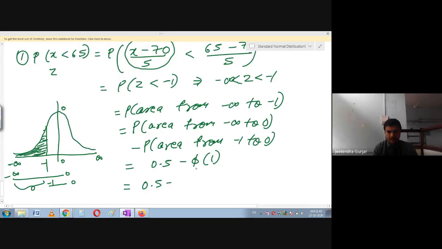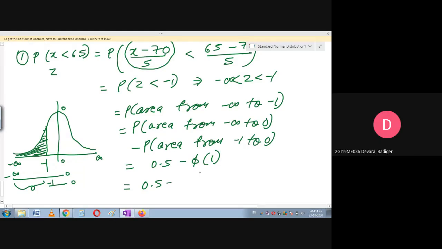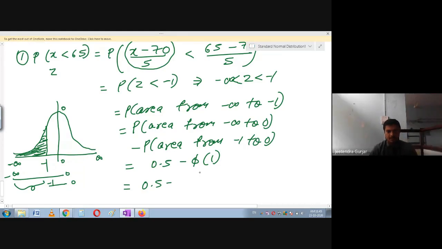Therefore, in the calculator, phi of minus 1 I should take. But remember, minus 1 will not be there in the normal distribution table. This is just on the LHS side. Yes? Okay. So in the calculator, I think in yesterday's last class I showed you how to calculate the standard normal distribution, that is phi of 1.